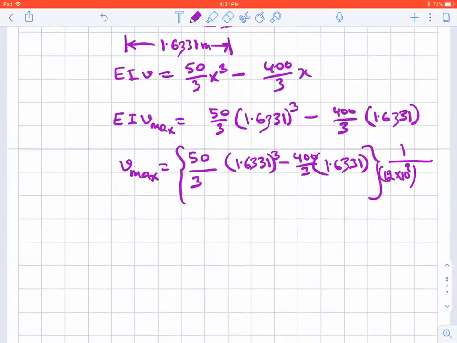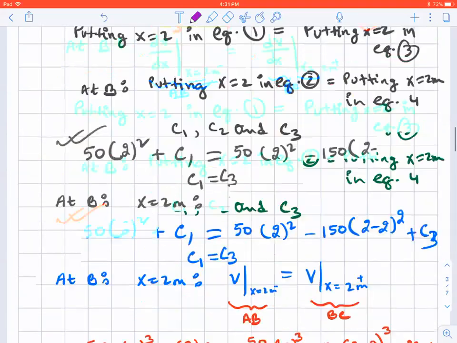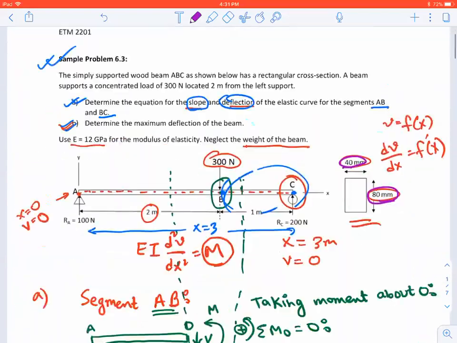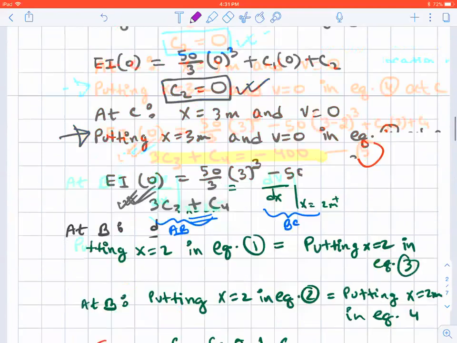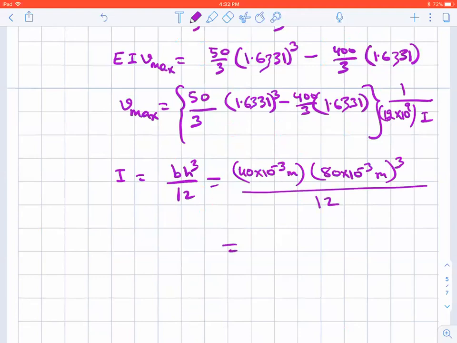So I is equal to BH cube over 12. B is 40, H would be 80, okay? It's in millimeters, so I'm going to change it to meters. And we just have to now calculate that.